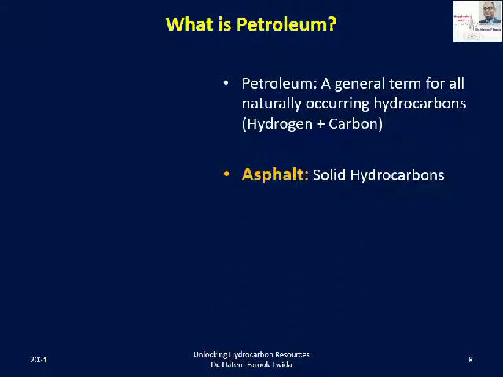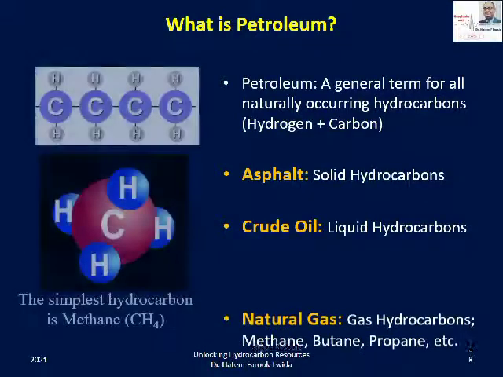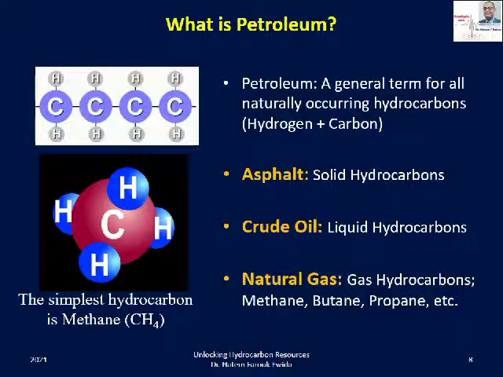If the hydrocarbon is solid, it's called asphalt. If it is a liquid hydrocarbon, it's called crude oil. And if it is a gas hydrocarbon, it's called natural gas. The most famous natural gases are methane, butane, and propane. And what you see here is the simplest hydrocarbon, which is methane, the CH4 component.